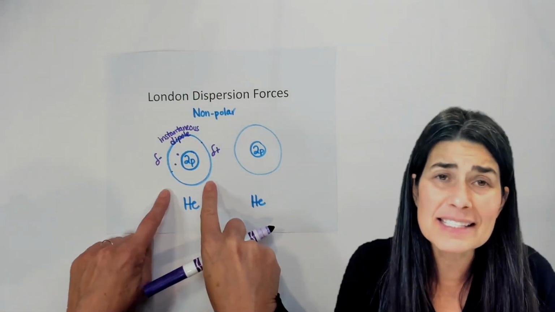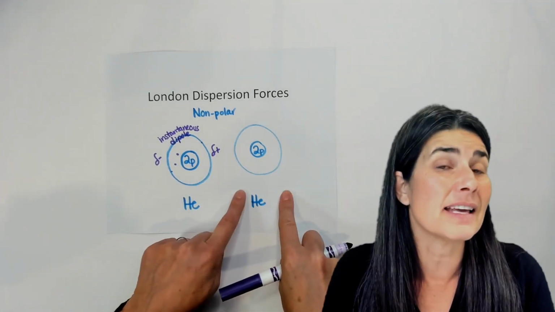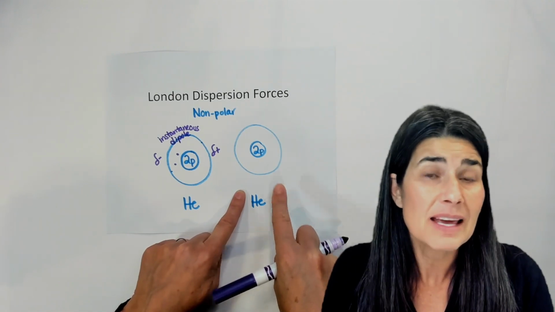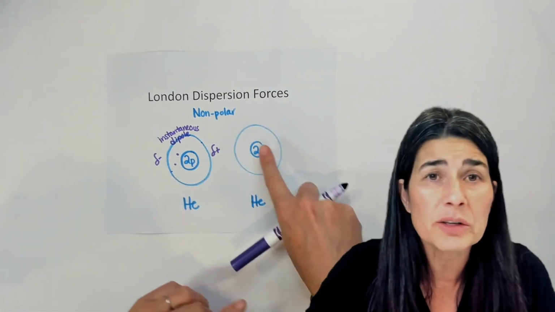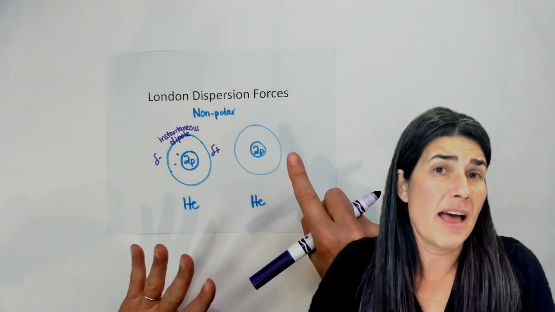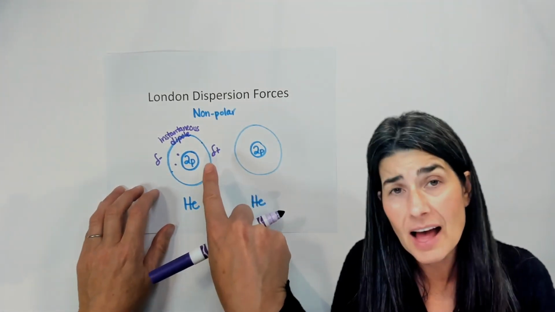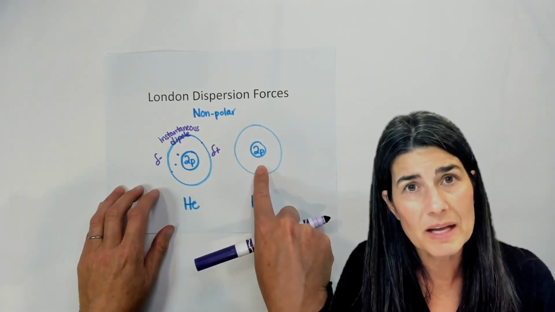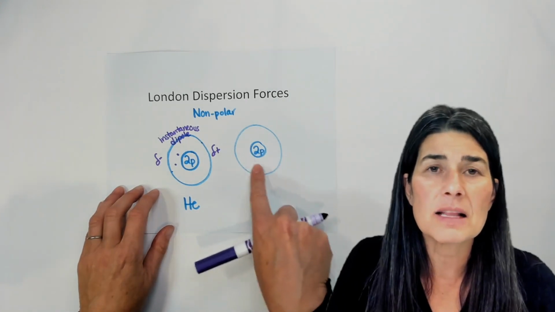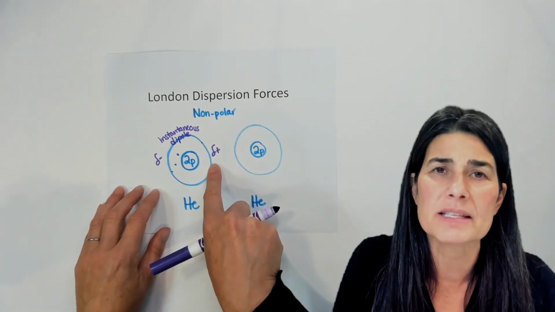Now that instantaneous dipole is going to trigger an event in the adjacent helium atom. This helium atom has its 2 electrons whirling around it. Now, if this helium has a little bit positive side on the right-hand side of its atom, that's going to trigger a response in this helium, because the electrons in this helium are going to be attracted to that partial positive charge.